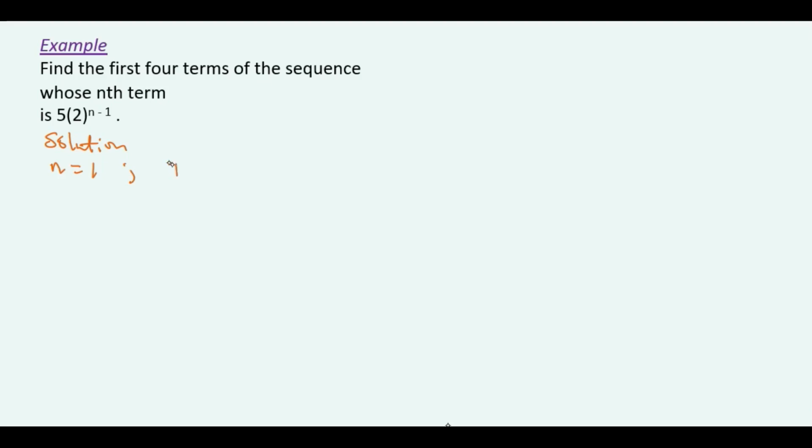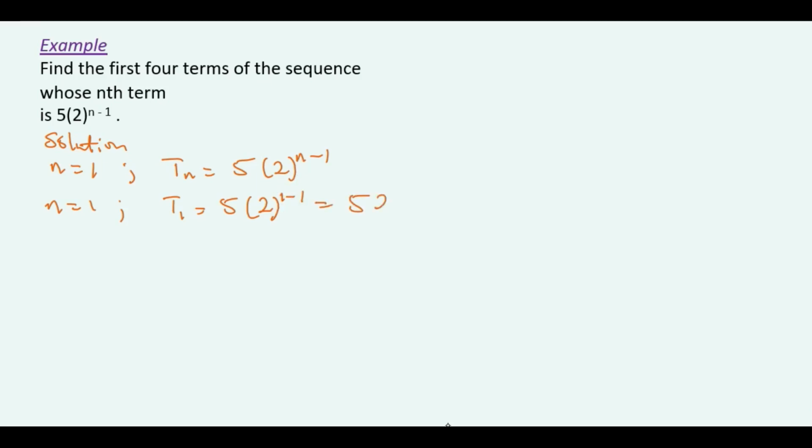And our nth term we have been given here to be 5 into bracket 2 raised to power n minus 1. So, to get the first term, where n is equal to 1, anywhere we see n, we put 1 there. 5 into bracket 2, 1 minus 1, n becomes 1 here.